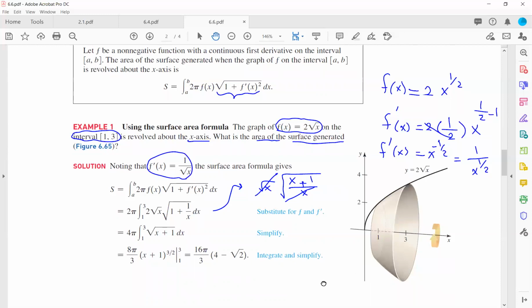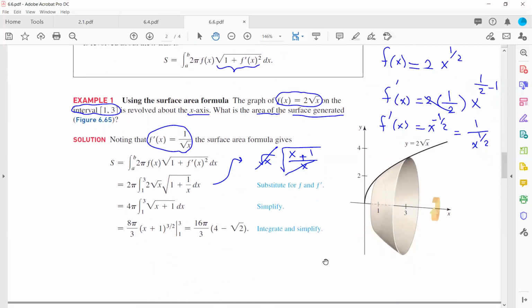Here we can use u-substitution. You can take u to be x plus 1. du is equal to dx. So you get the integral of square root of u du, which is equal to 1 over 1 plus a half u, or x plus 1 raised to 1 plus a half.